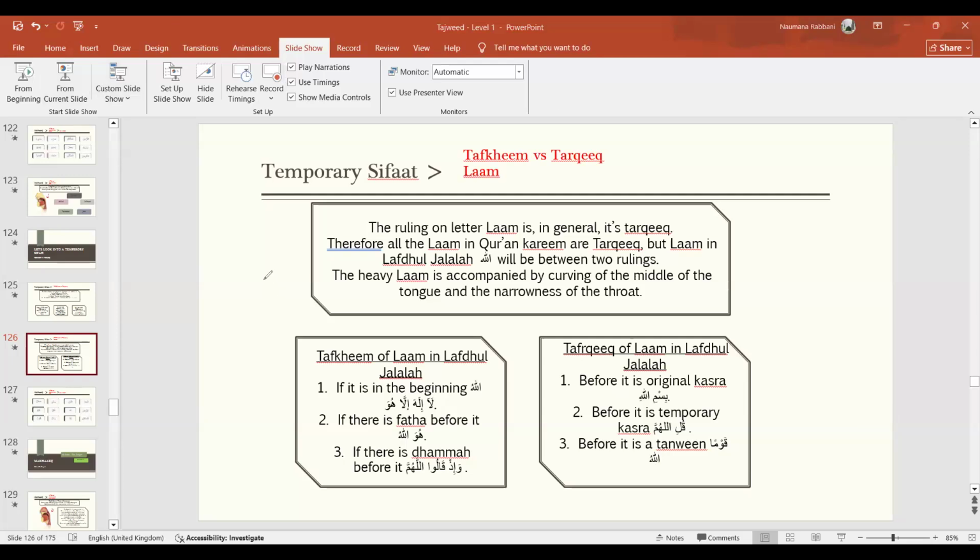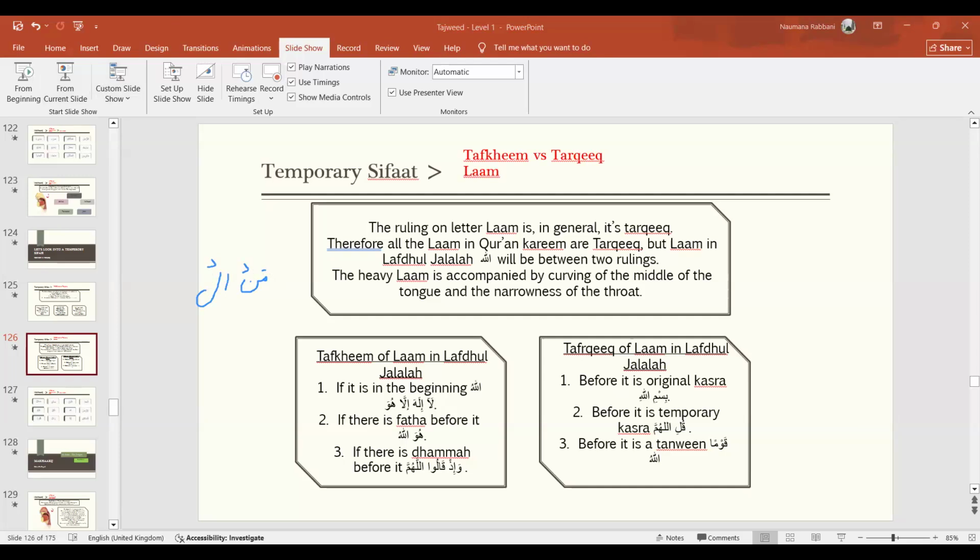If I'm saying qawman, and this is going to be al, we have two sakinas.